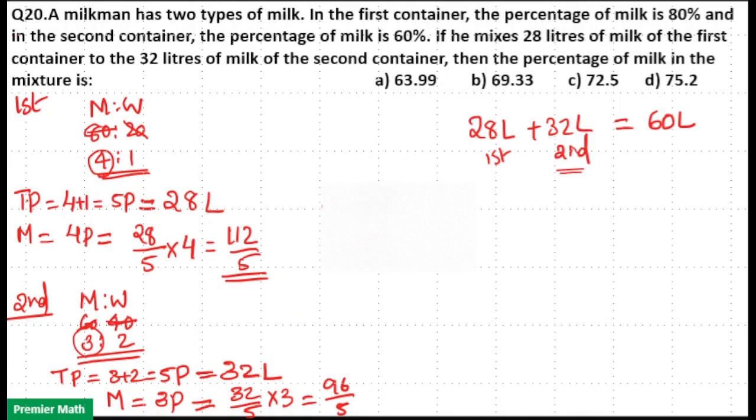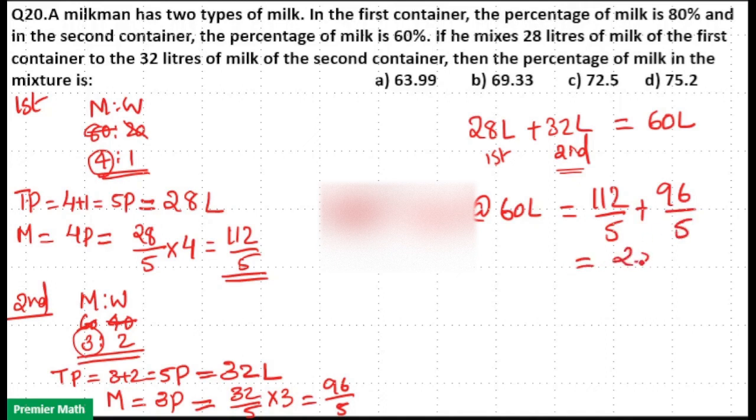So total milk in the 60 liter solution is equal to 112 divided by 5 plus 96 divided by 5, that is equal to 208 divided by 5.